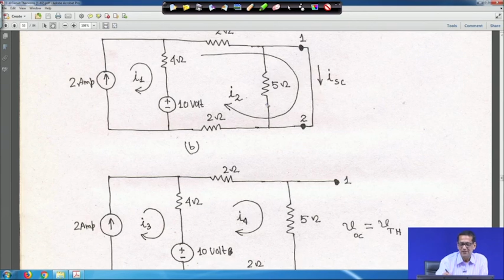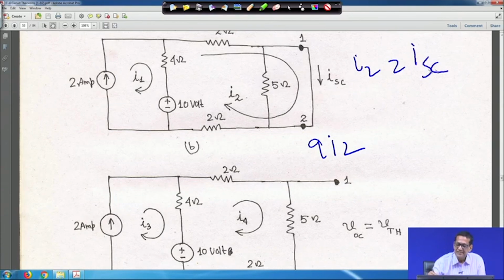Now, you apply KVL here, you will get I2. If I write it for you, it is 2 plus 2 ohm plus 5 ohm plus 2 ohm. So, 2 plus 5 plus 2, it will be 9 I2 moving like this. And I2 is equal to ISC, because this is the ISC you have taken.